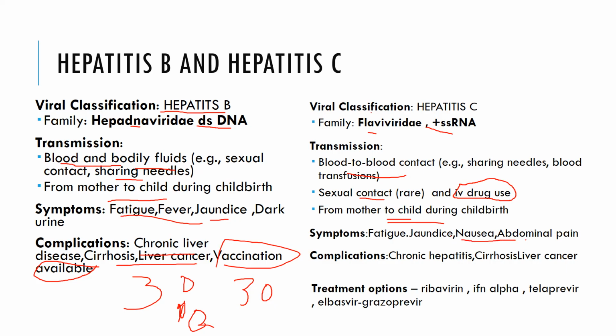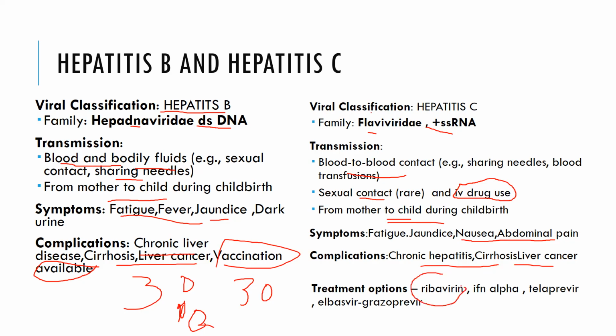On top of that, you can also have right upper quadrant pain where the liver is located. Still, hepatitis C has been associated with chronic hepatitis, liver cirrhosis, and as well as liver cancer. So luckily enough, for hepatitis C at least, it has a cure.